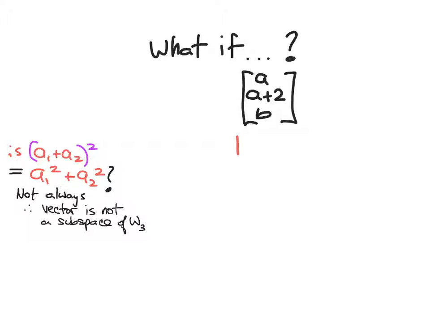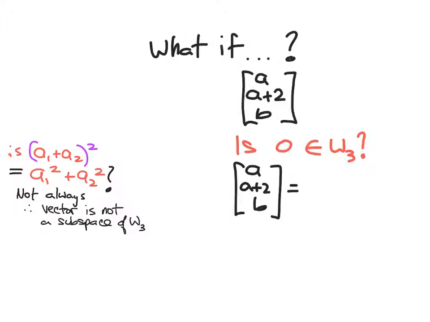Because what I would want to know is, does 0 belong to the set of W3? All right, so if that's going to be the case, then I would do the exact same thing I did before. I would take my A plus 2, and B, and set it equal to 0.